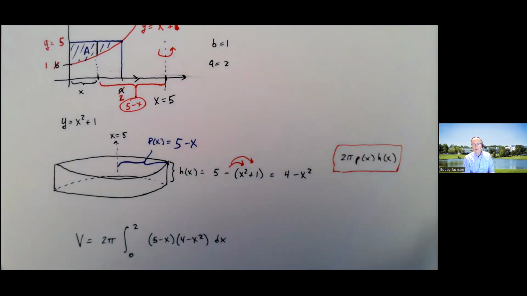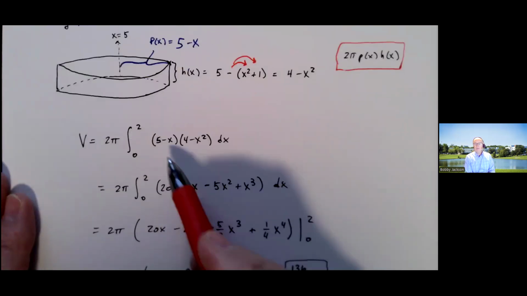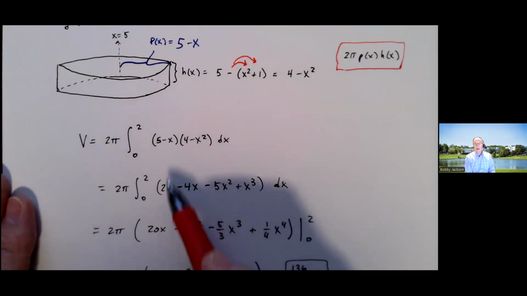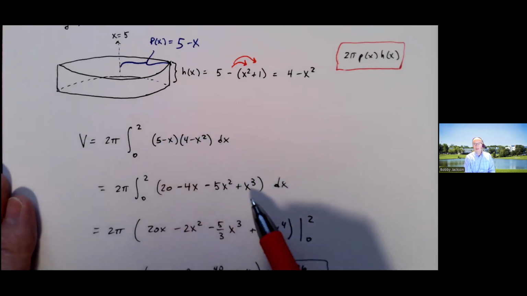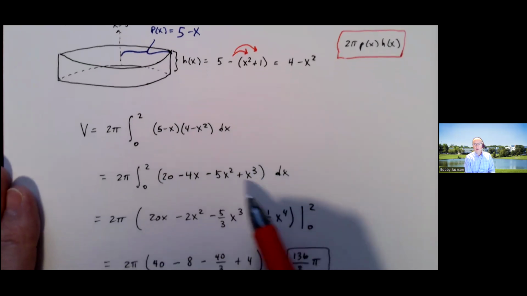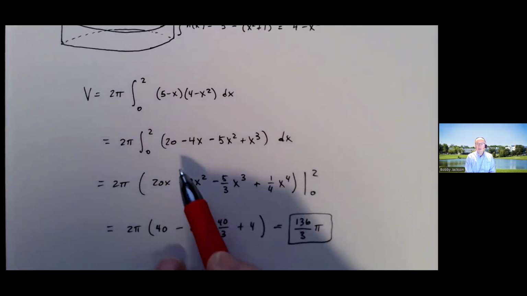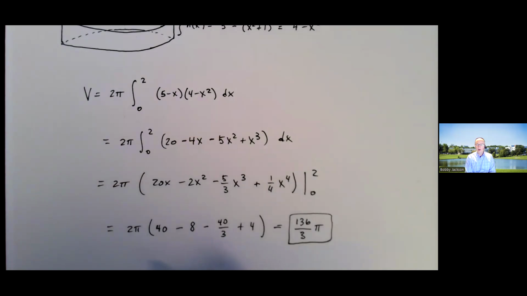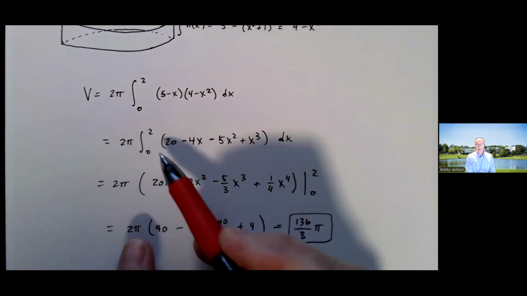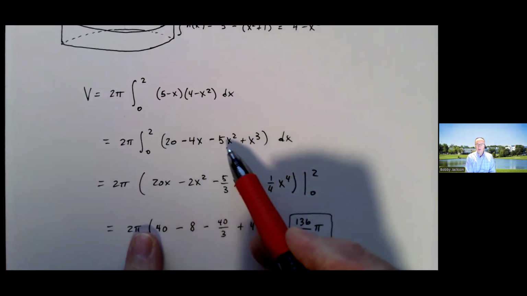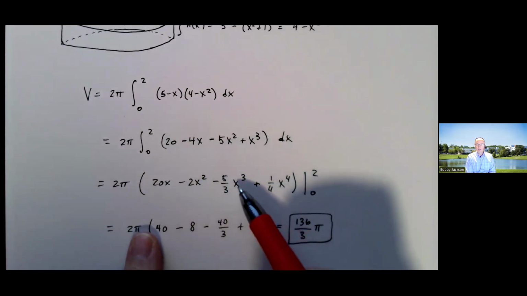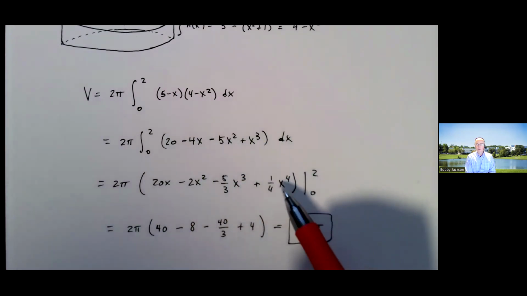Okay, so how do we proceed now? Well, I would go ahead and FOIL this out, which is what I did. First, inner, outer, and then last gives me this. So I pull all that out, and now I find the antiderivative and use the fundamental theorem of calculus part 1 to evaluate this. So the antiderivative, hopefully that's making sense here. The antiderivative of 5x squared is 5/3 x cubed, and so on.